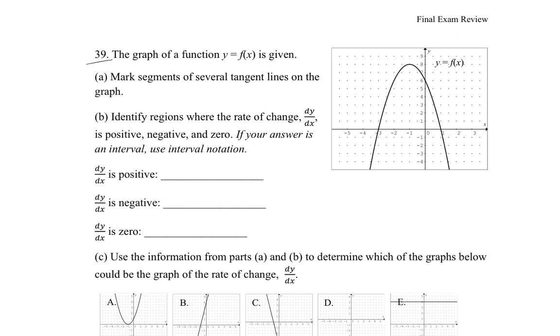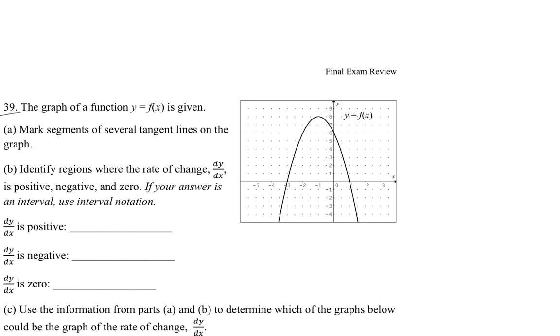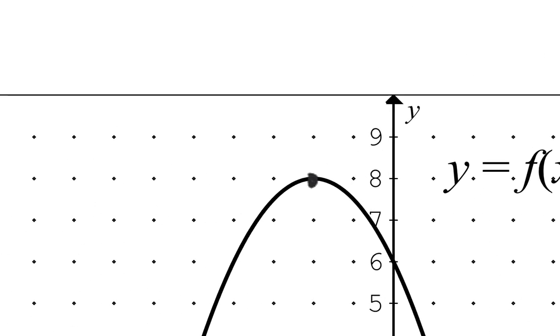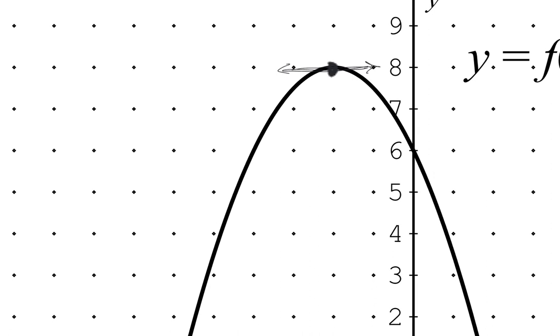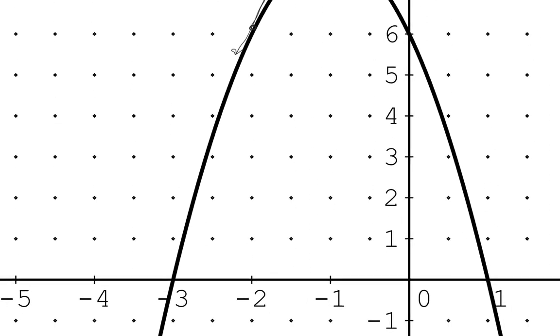Okay, so I'm just going to draw some points here. At the very top of our function, we know that our rate of change is going to be about 0. Down here, our tangent line is going to kind of look like this. Go a little bit further, our tangent line is going to kind of look like that.